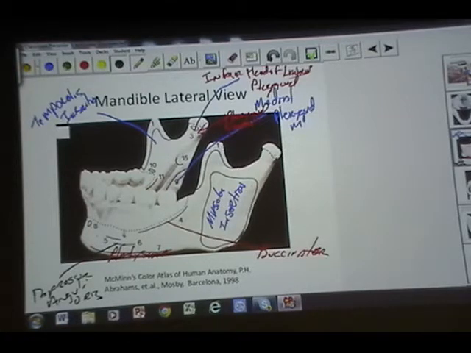And then we have a muscle here that's actually covered up a little bit by this in the cadaver or in the individual, and this is the depressor labii inferioris.